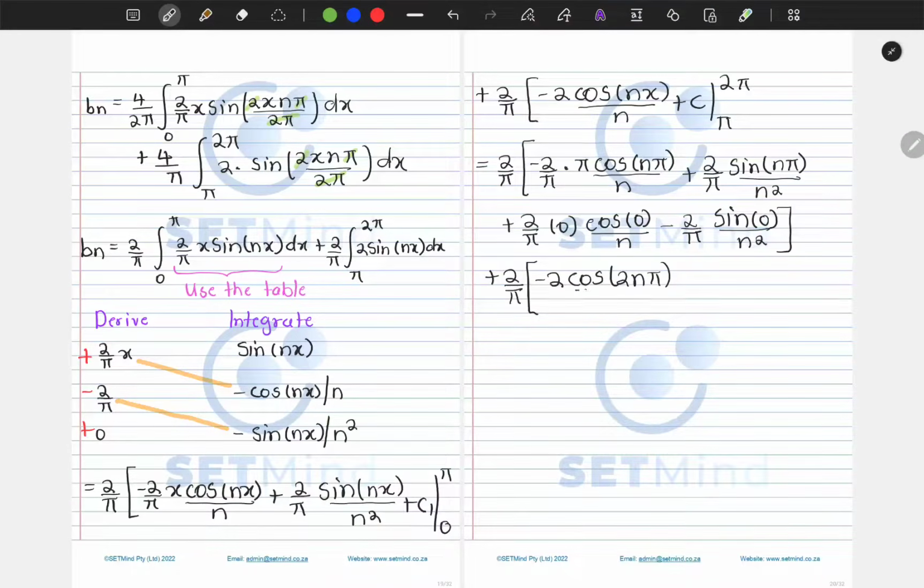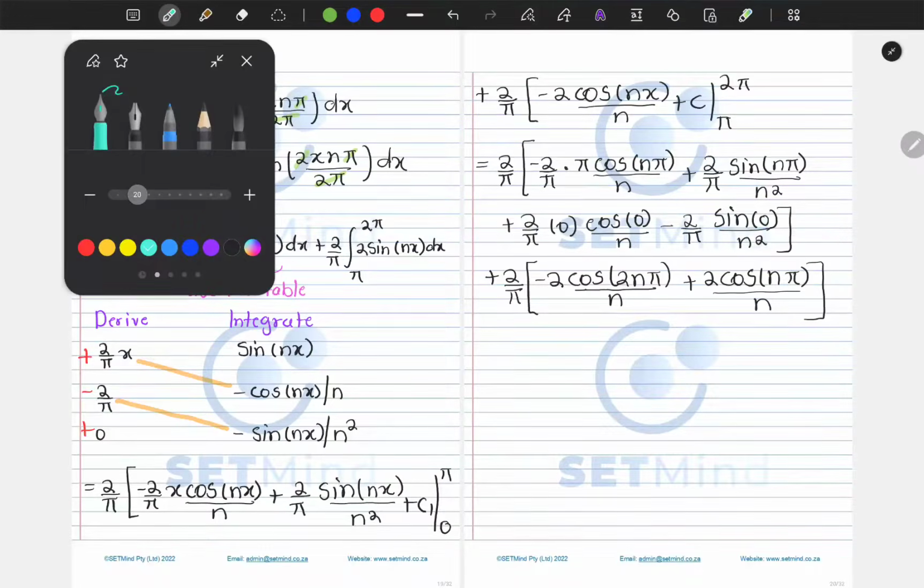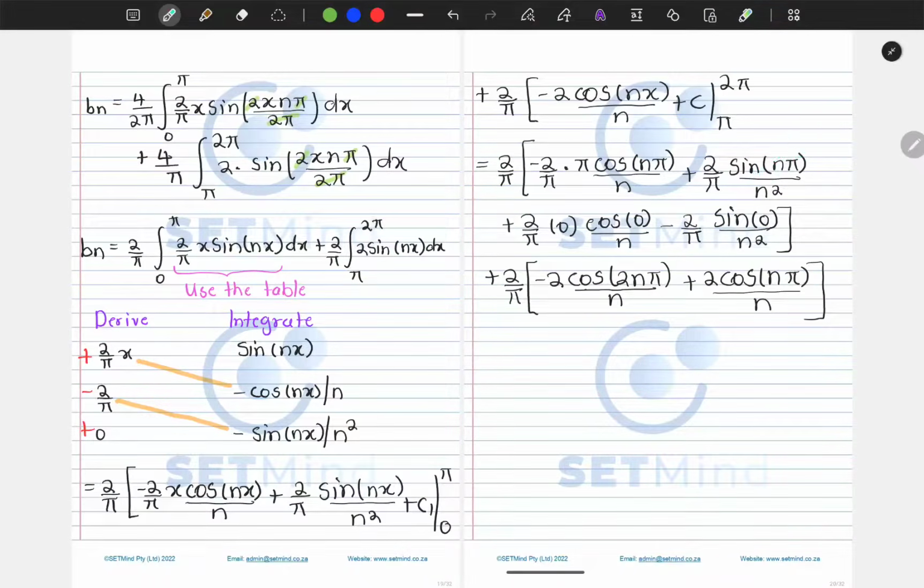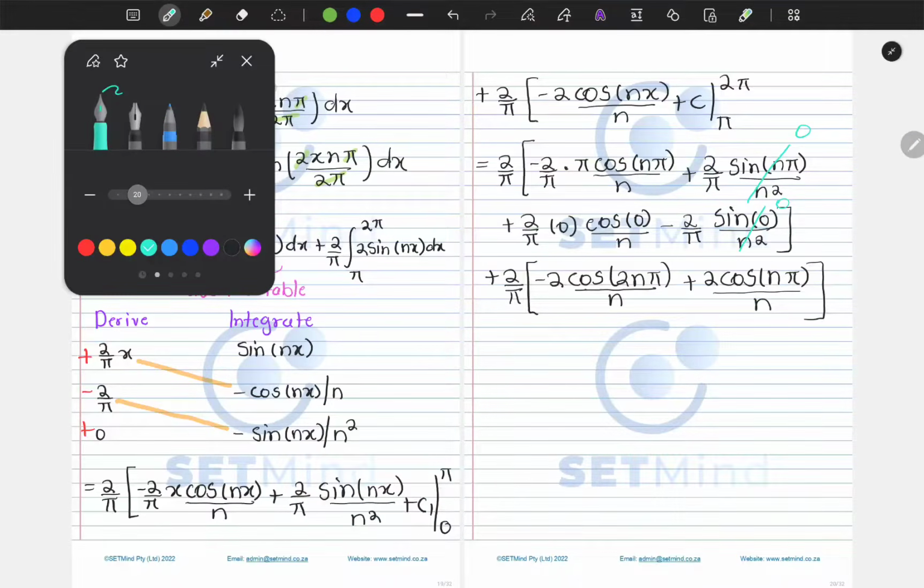Then we do the subtraction, which will be a plus, and then we'll have cos of n pi divided by n. So let's eliminate what will become zeros. That will be a 0, that will be a 0, and the other parts will not be 0.